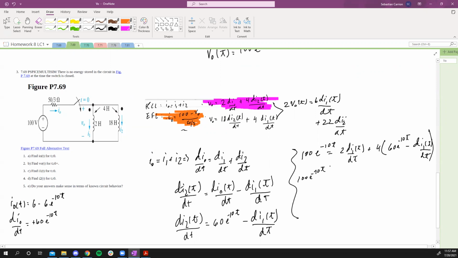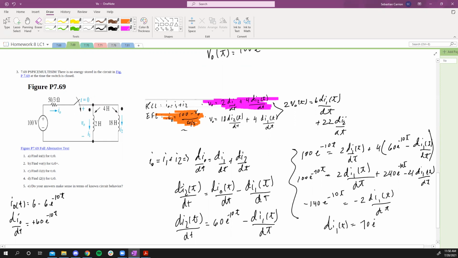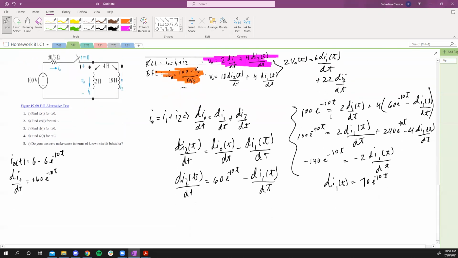You get negative 140 e to the negative 10t equals negative 2 di1/dt, so di1/dt is equal to 70 e to the negative 10t, right?